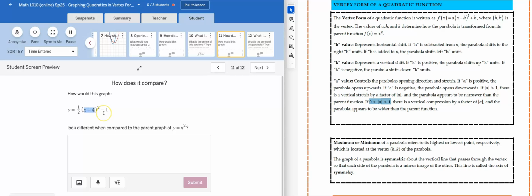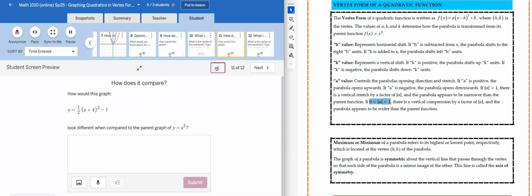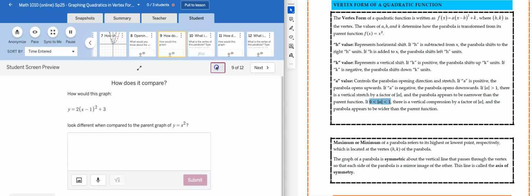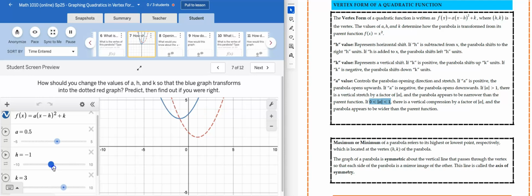So if I was to try and graph this, let's see. I think the last one gives me a place here. All right, so it was 1/2. What was our H again? I want to say it was -4, I think.